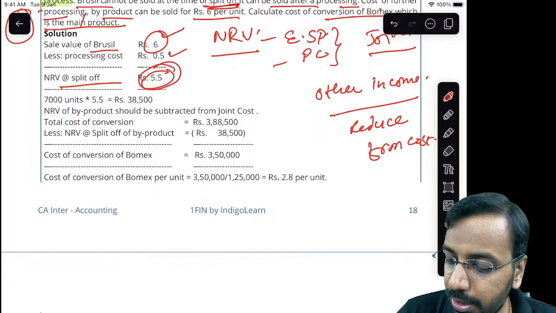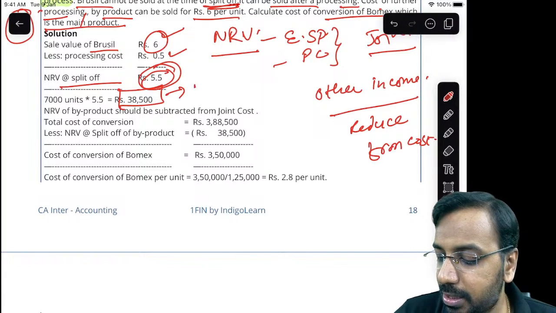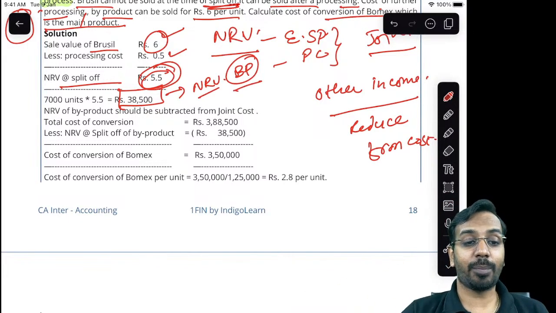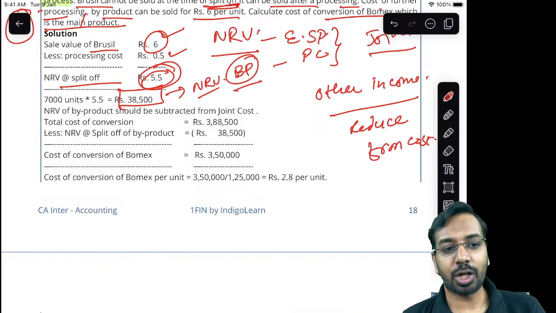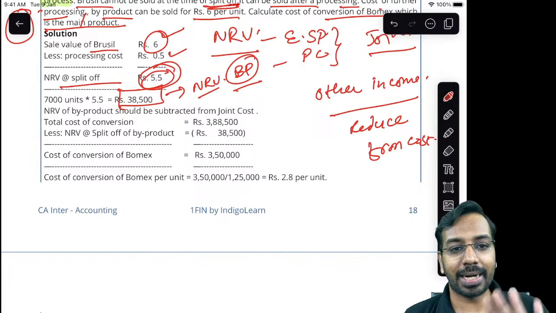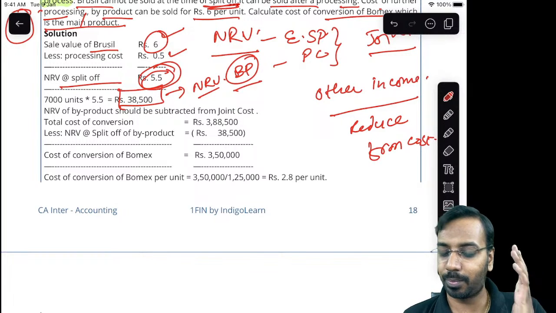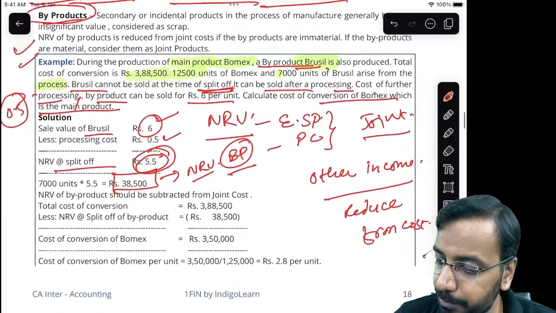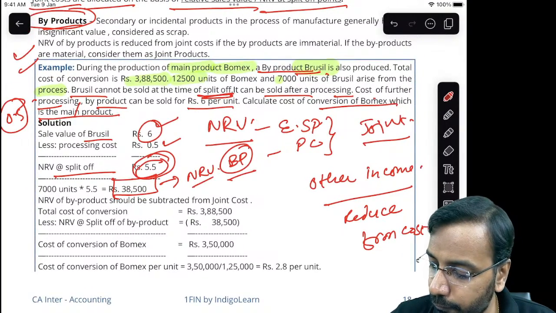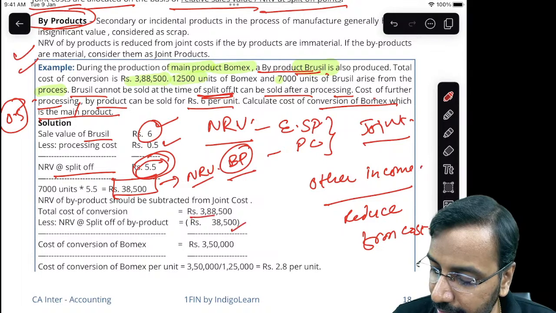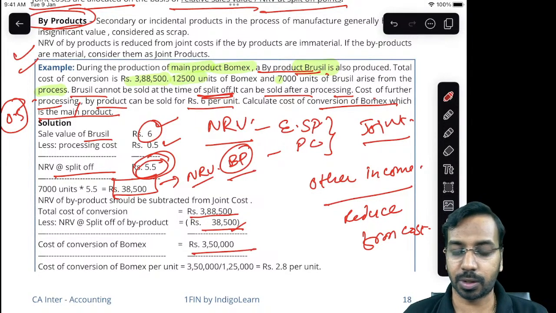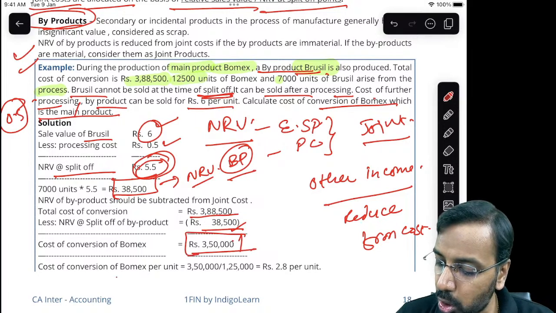So here 38,500 is the NRV of the byproduct. First choice is I can take it to other income. Second choice is I can reduce it from the cost of the main product, which is 3,88,500 minus 38,500, which is 3,50,000. So 3,50,000 becomes the cost of Bomex.